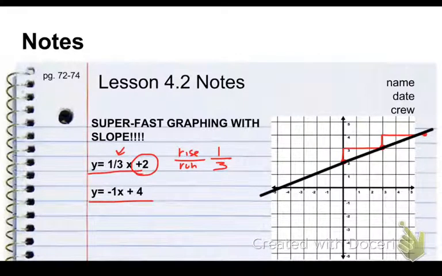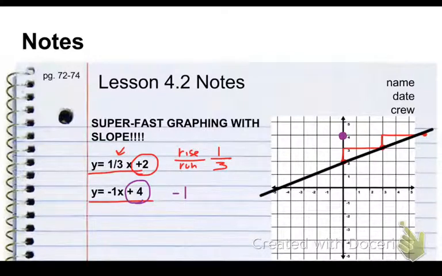Just for practice, let's graph the other one: negative 1x plus 4. What does this mean? For this one, I'm going to use a different colored marker, a purple one. It means I start at positive 4. So I make a dot at positive 4, but this one has a negative 1 value. What is negative 1?